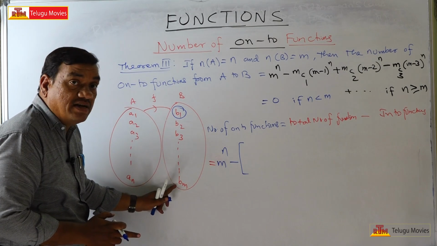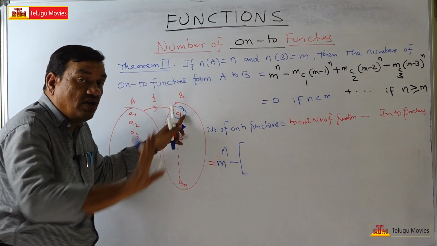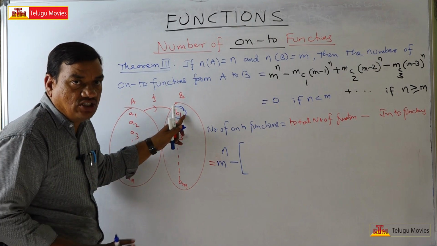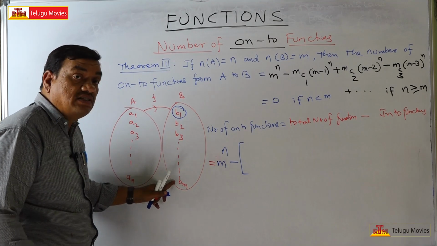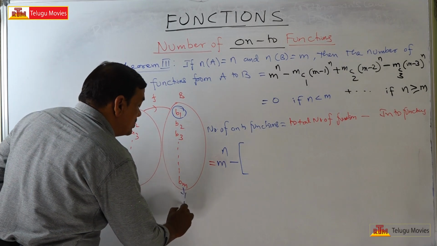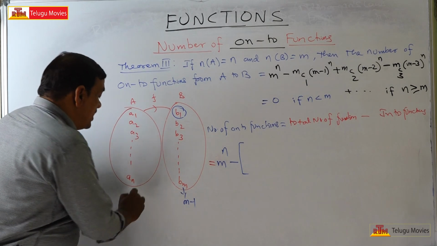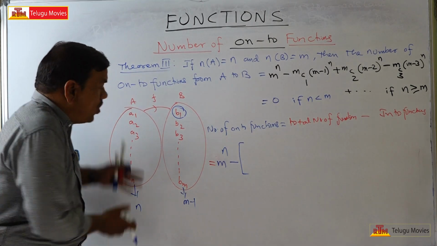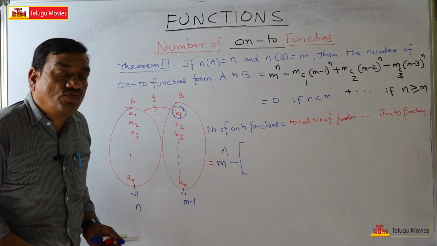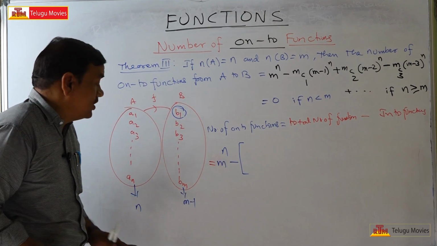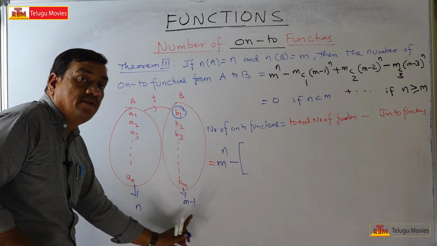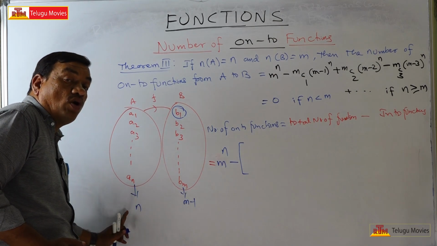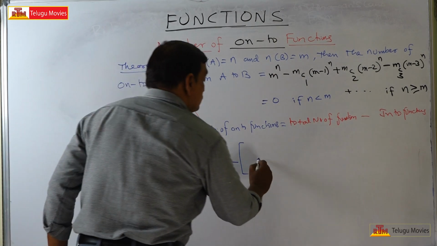Here total m elements are there. The element B1 is not participating now. Therefore, m minus 1 elements will be there, and n elements in A. So, total number of functions are how many? M minus 1 to the power of n.